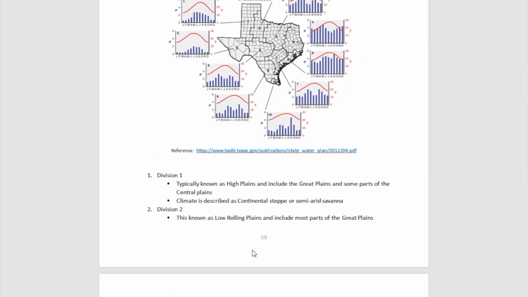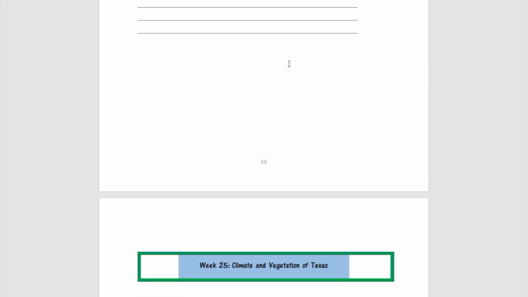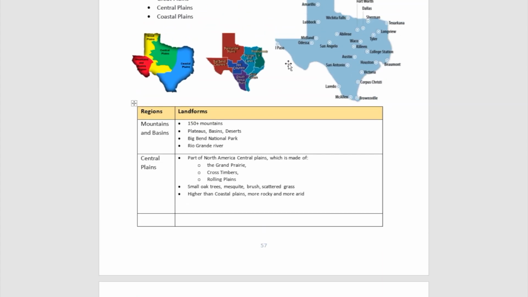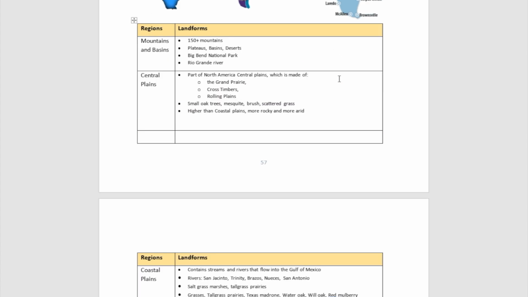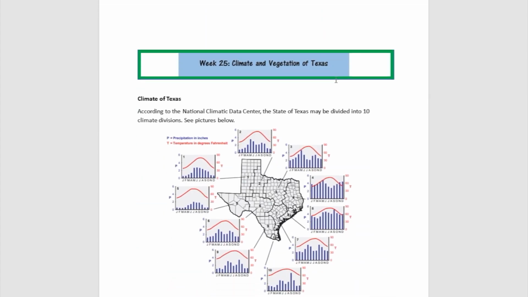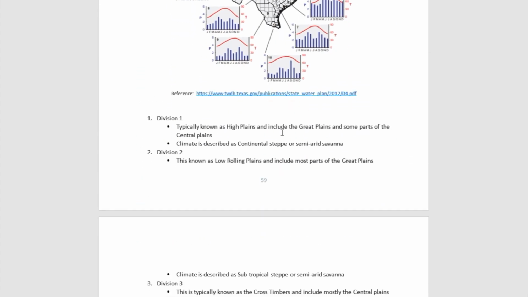So when you see cross timbers, you know that that's talking about this particular location in Texas. And if you compare to what we talked about in the previous lesson, that's going to be somewhere around Abilene, Texas, Fort Worth, and Dallas area, a little bit of that's going to be division number 3.